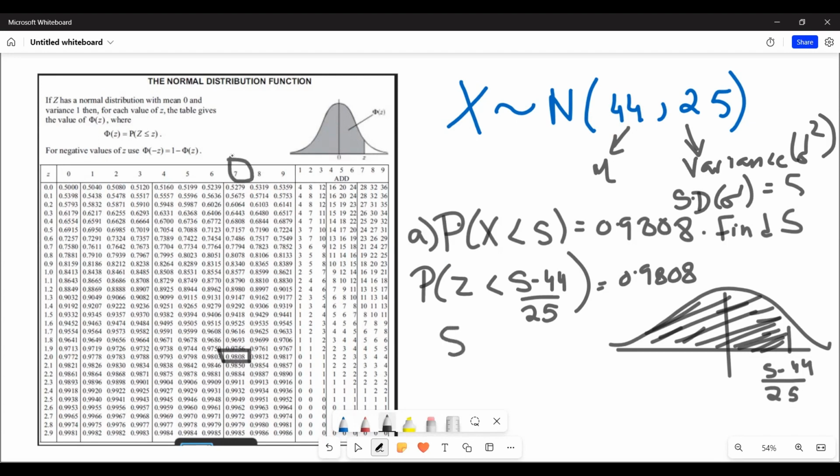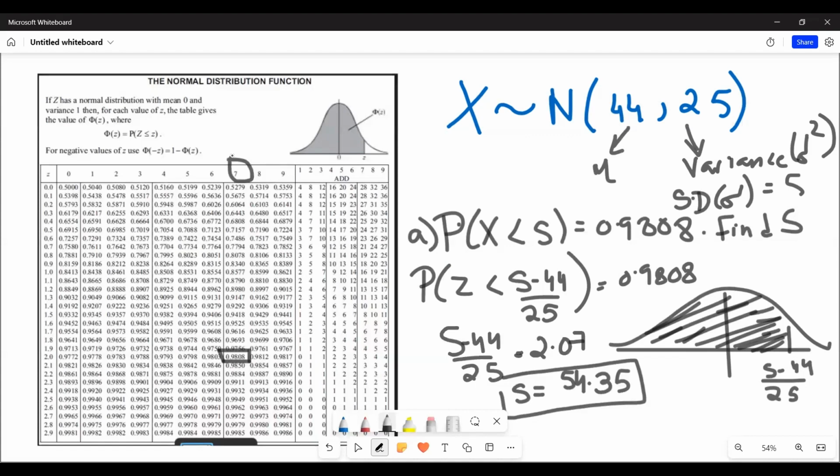So s minus 44 upon 25 is 2.07, which is 54.35. Multiply 25 by 2.07, then add 44 to it. So you get 54.35.